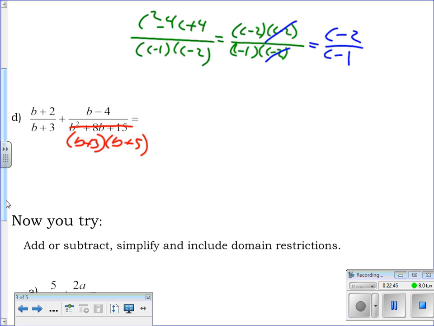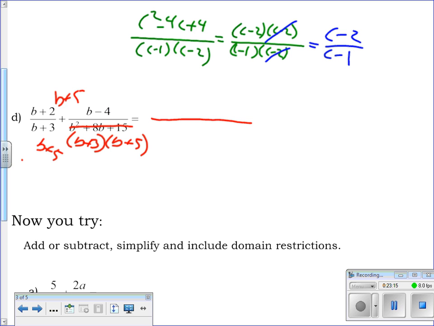Is there anything in the first denominator that's not in the second denominator? No, there's nothing in the first one that's not in the second one. So this is my common denominator. What do I have to multiply the first fraction by? b plus 5. So I do the first fraction.